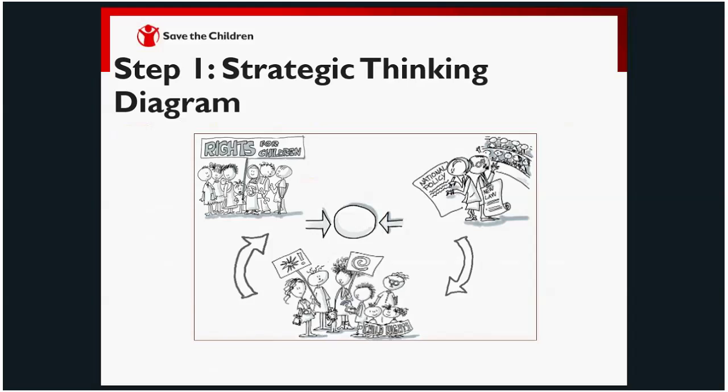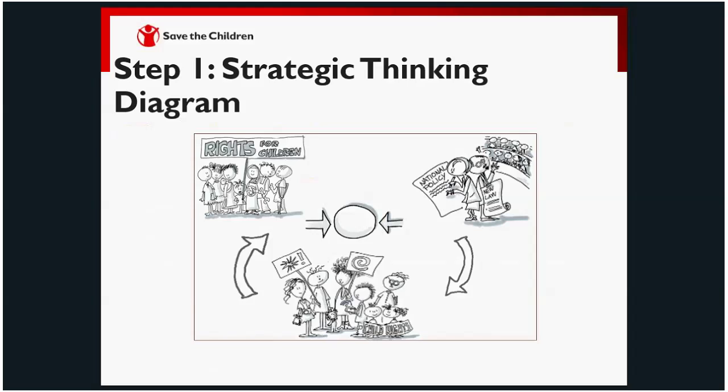And what this overall diagram shows is that within our strategic thinking diagram, you need to work on all levels. When we work on demanding child rights, we build capacities, build systems, build knowledge, and then on the other hand, all of this goes back to children, goes back to changing children's lives.